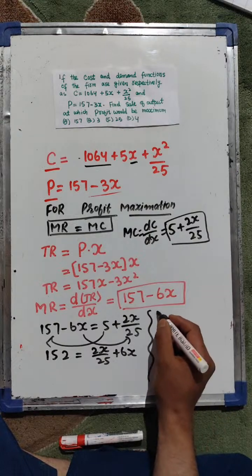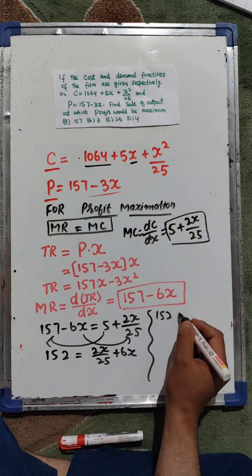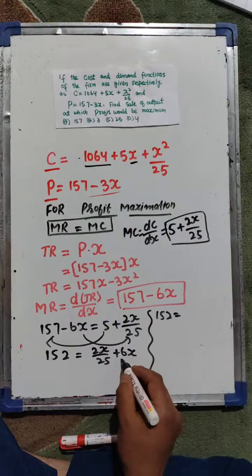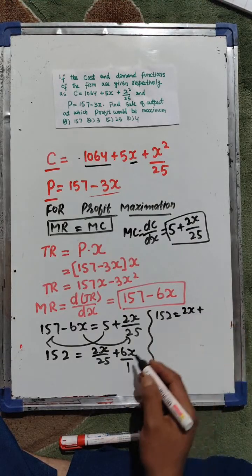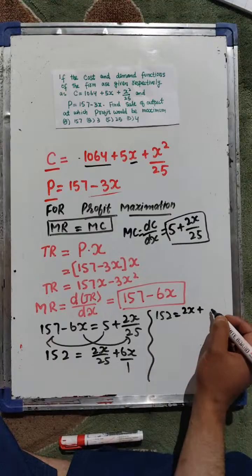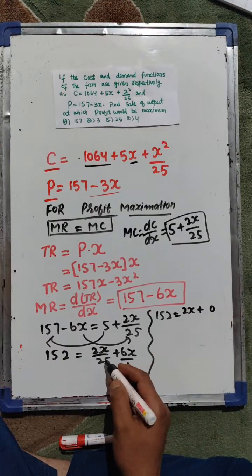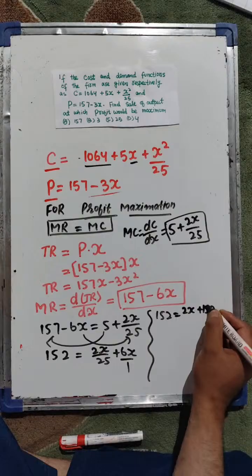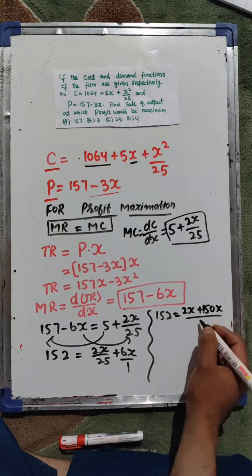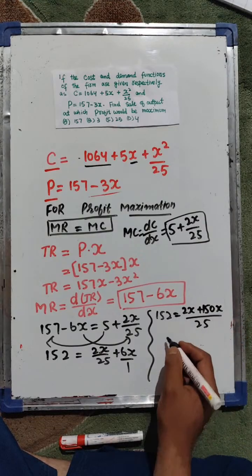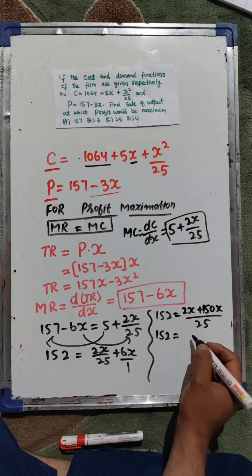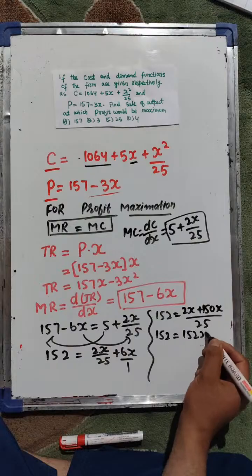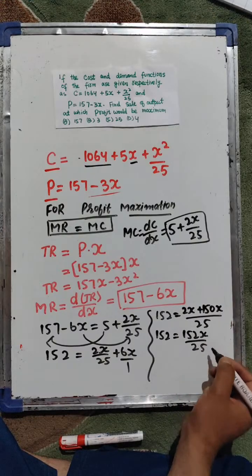Solving further, we get 152 is equal to, doing the cross multiplication here, 2x plus 6 times 25, which is 150x, divided by 25. So we get 152 is equal to 150x plus 2x, which is 152x, divided by 25.